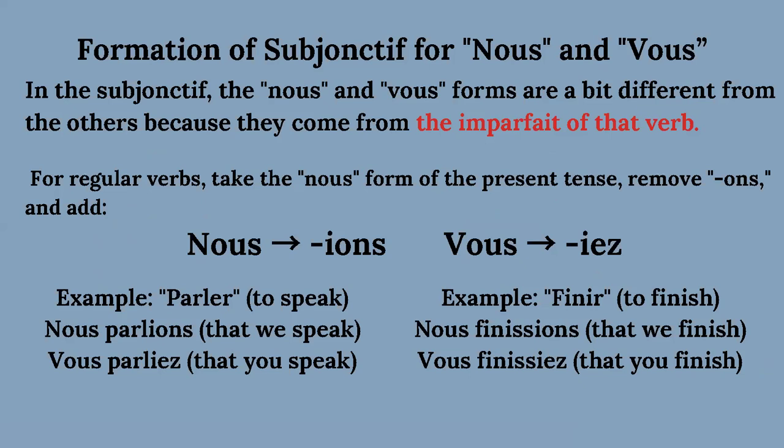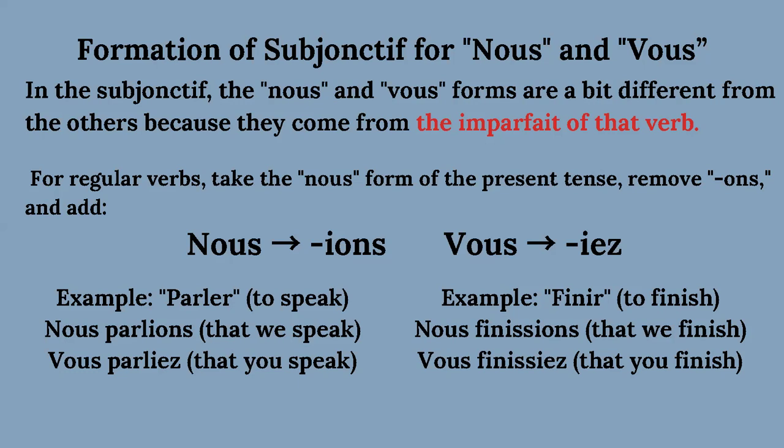To form the subjunctive of a verb in the nous and vous form, we are going to take the imparfait of that particular verb. For the imparfait we have seen, we take the nous form and remove the ONS, and to that radical we add our imparfait endings. So for the nous form, we had the endings IONS, and for the vous form, we had the endings IEZ.